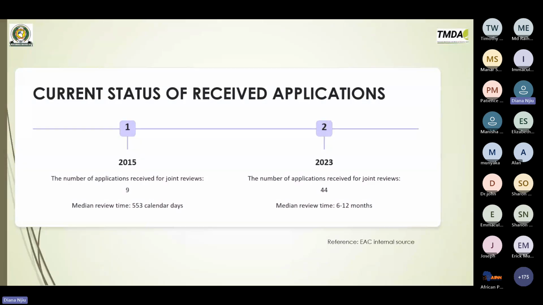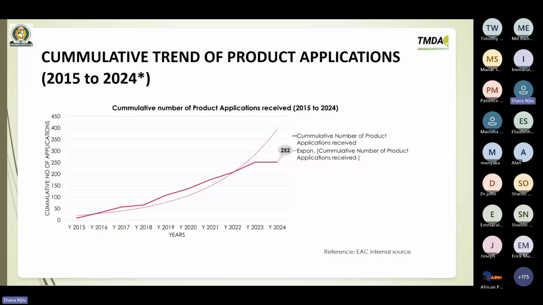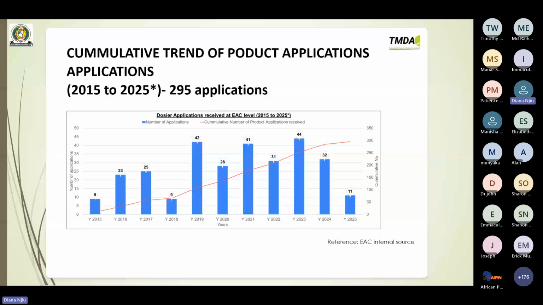There's also a cumulative trend of the product applications from 2015 to 2024. There have been an increasing number of applications. So to date, we have 252 applications from 2015 to 2024. And if we look at the cumulative trend of the product applications from 2015 to 2025, here some more applications from 254 now up to 2025.